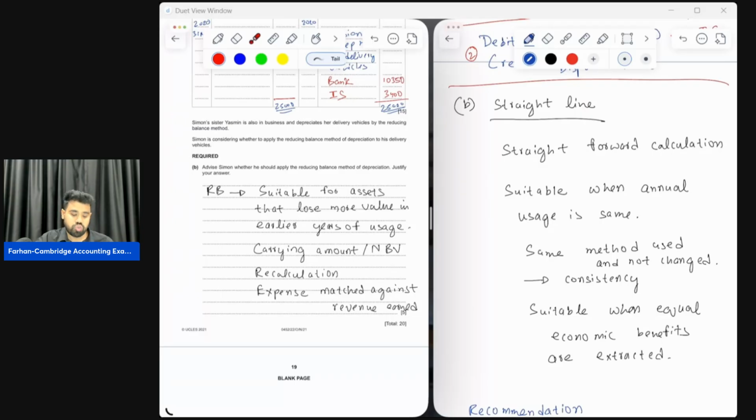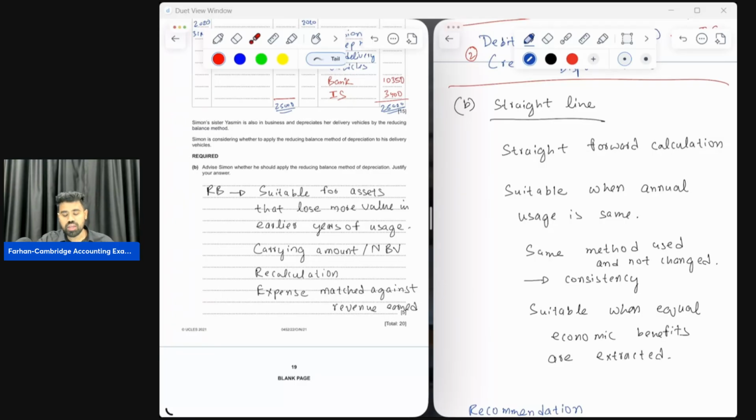You expect to earn more benefits in the earlier years of usage because you understand eventually tech gets upgraded, right? And there will always be new stuff coming out. So for those items, the reducing balance method would be more suitable, where we expect that more benefits are consumed in the earlier years of usage.